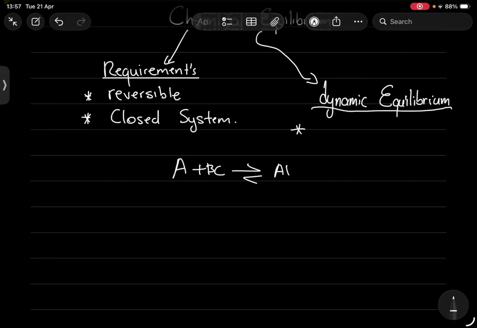The amount of the products is going to be equal to the amount of the reactants. Maybe this reaction forms 20 kg of the products, or maybe 20 moles, or a concentration of 20 moles per dm3 of the products. Even the reverse reaction will behave the same way as the forward reaction. Are we together?